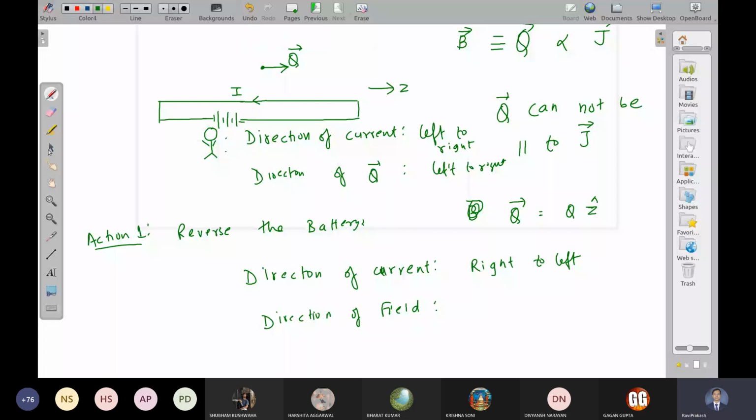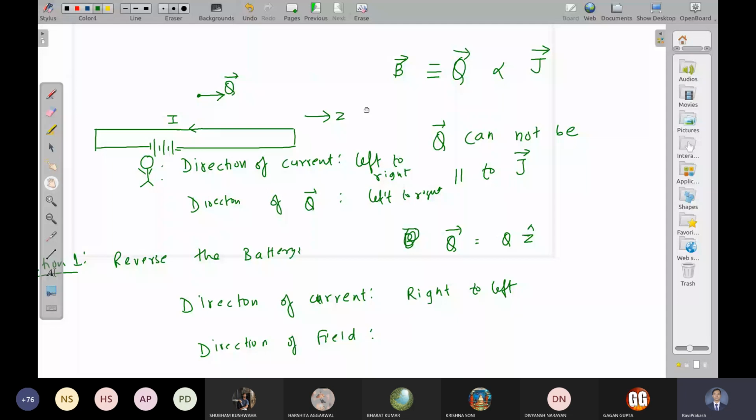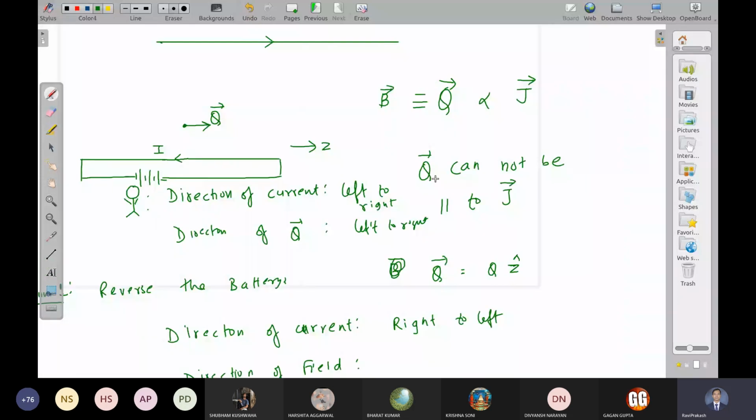In fact, my question itself is wrong. The question is this: Q cannot be along the radial direction. So this is the question. Sorry for the mistake.